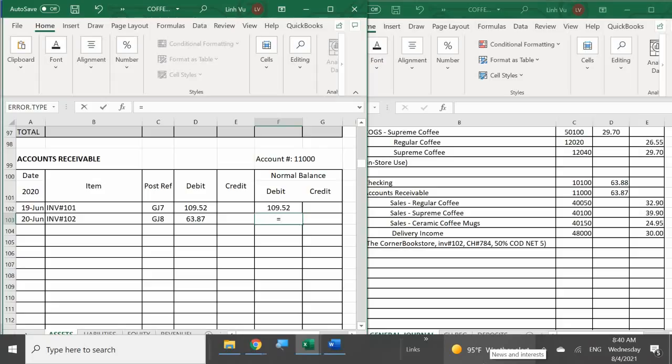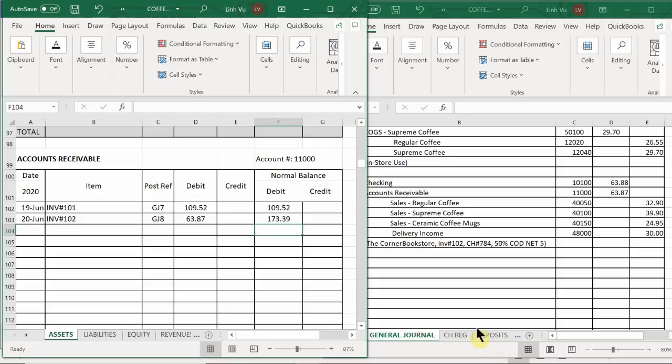Let me add that up again just to be sure: 63.87 plus the 109.52. I got 173.39. Good.